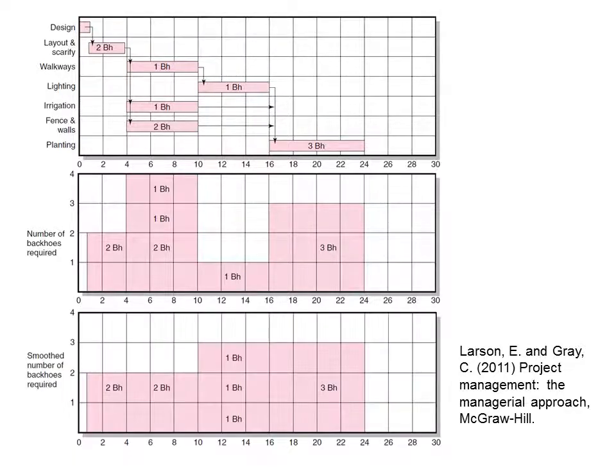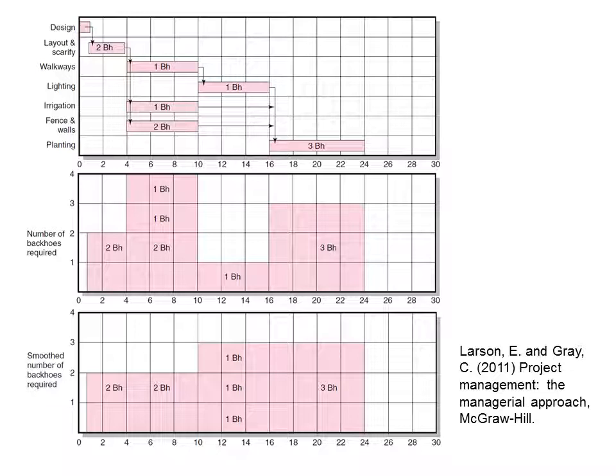So what we can do is shift a couple of the activities around. What I've done in this third resource chart is move a couple of the activities. In particular, if you look at the fence and wall activity, you can see that there's some float in this activity over weeks 10 to 16.